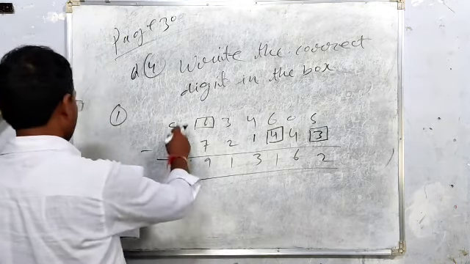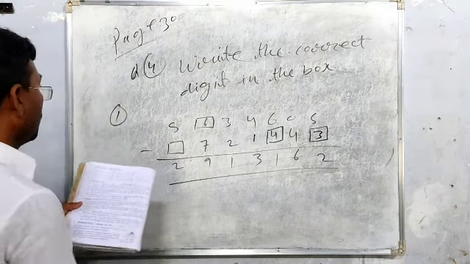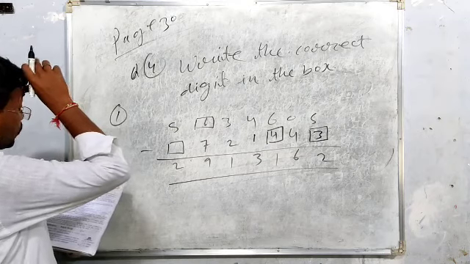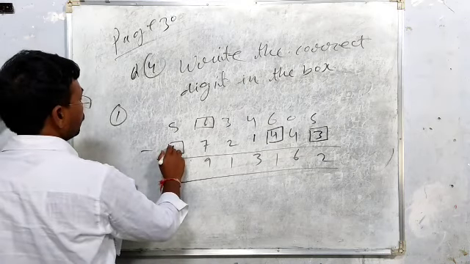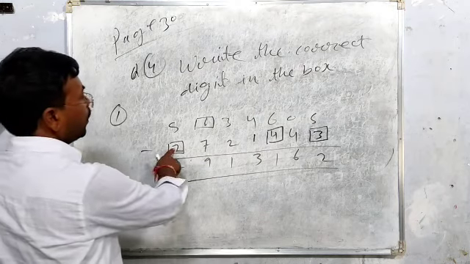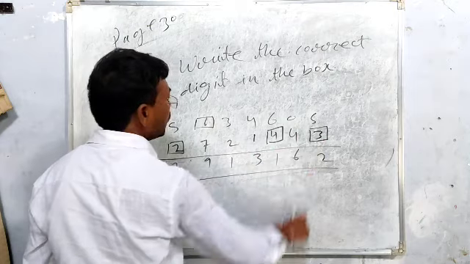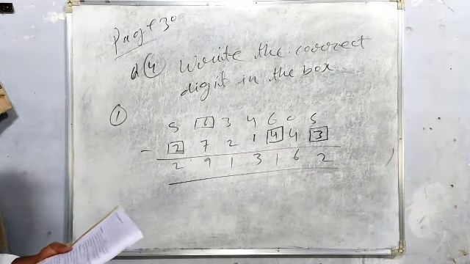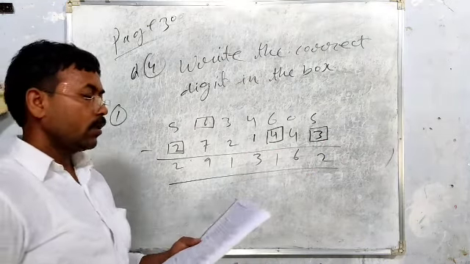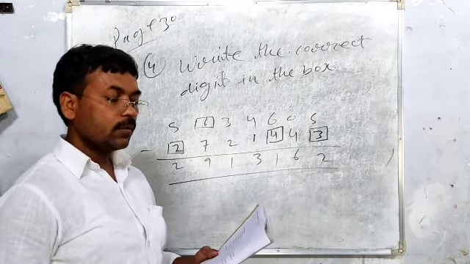And here 4 is remaining. So 4 minus which number becomes 2? So here should be 2. So this box will be 2, and this box is 6, and here should be 4, and here should be 3. So similarly you can complete the remaining 2 questions, that is question number 2 and 3.